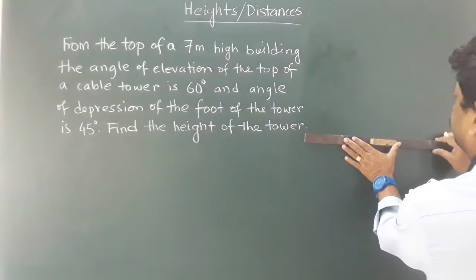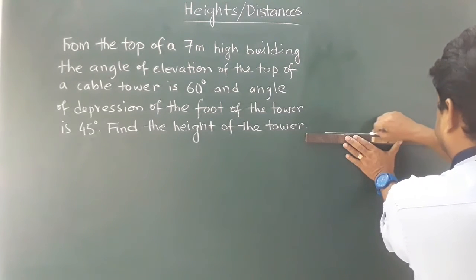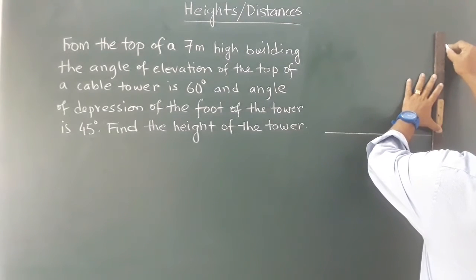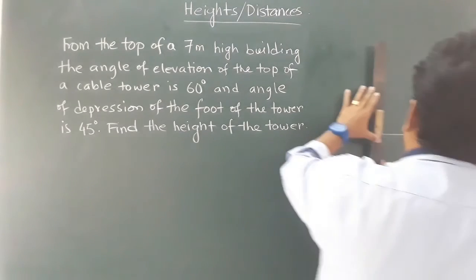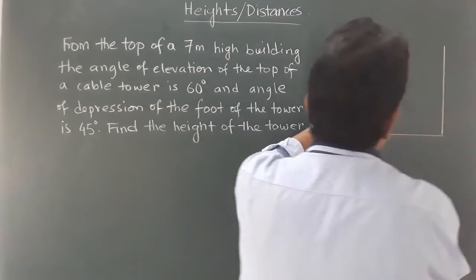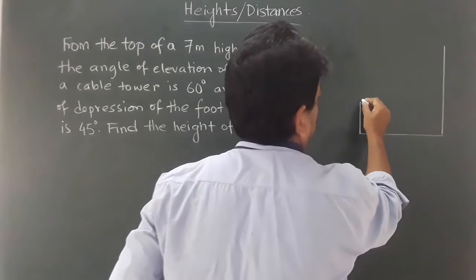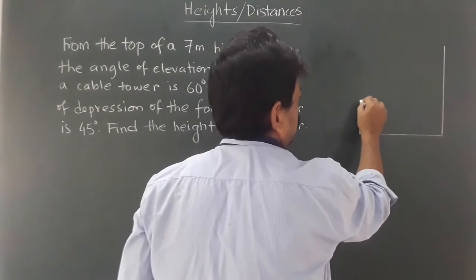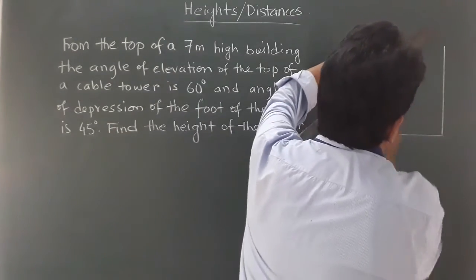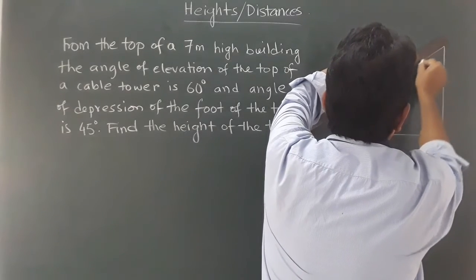So here, the horizontal level, suppose this is the cable tower and this is the 7 meter high building. So this is the point of observation, from the top of the 7 meter high building. So the angle of elevation of the top of the cable tower is 60 degree.